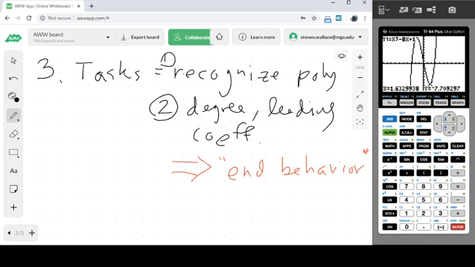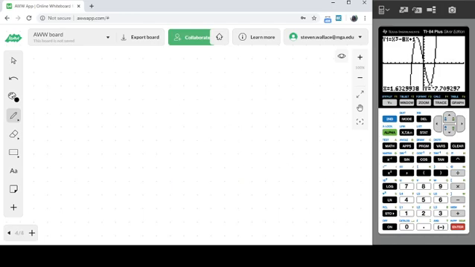So, those are things that we did in class already. And of course, you have lots of tools and content in Desire to Learn already for these sections.